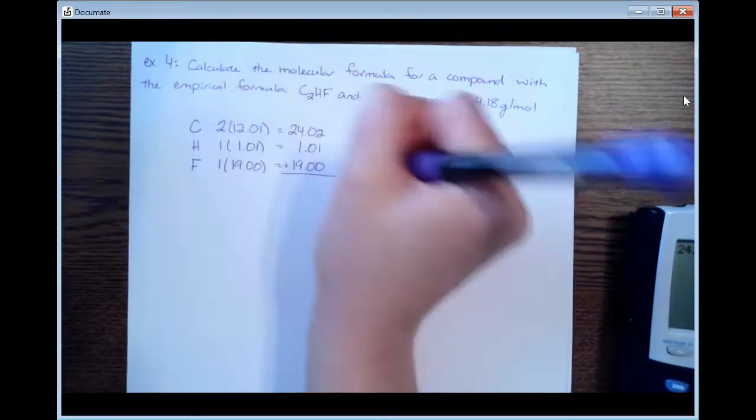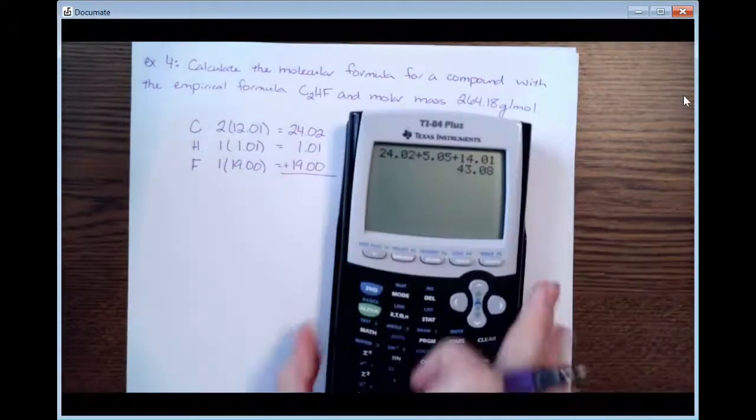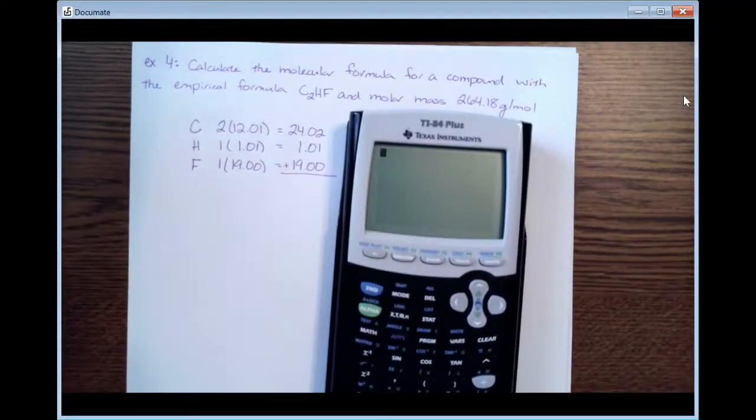So if I go ahead and add those all up together, I get 24.02 plus 1.01 plus 19. So that gives me a molar mass of 44.03.